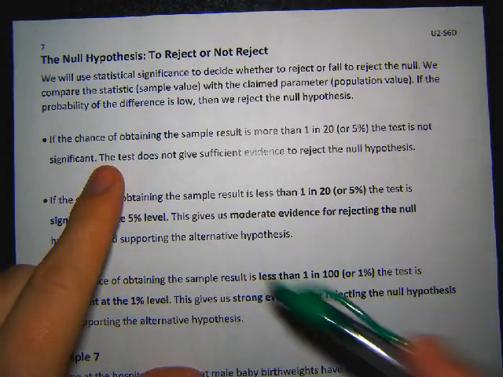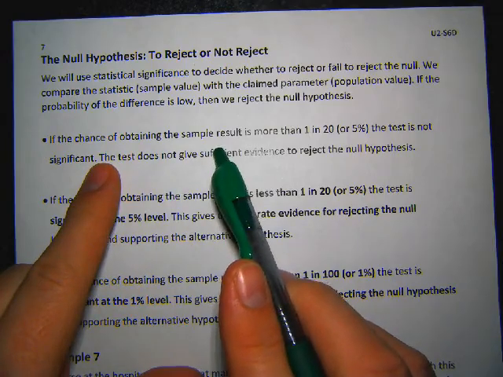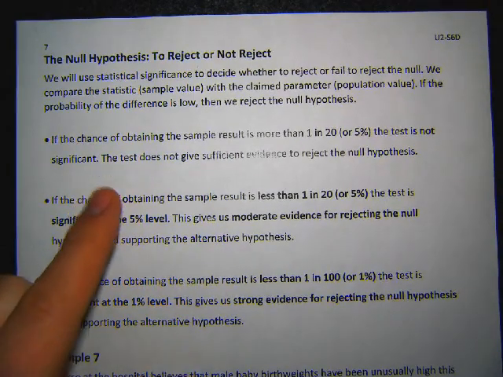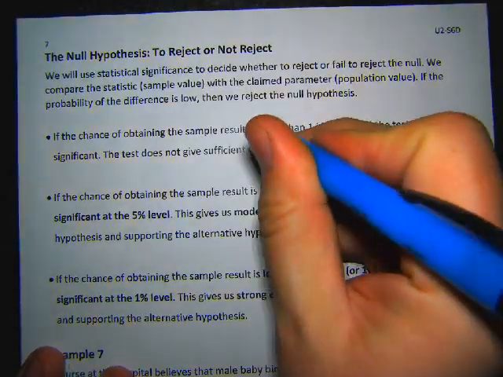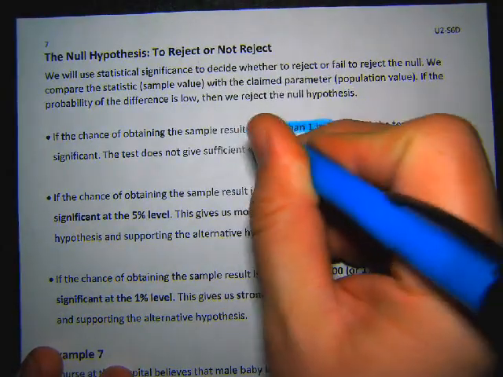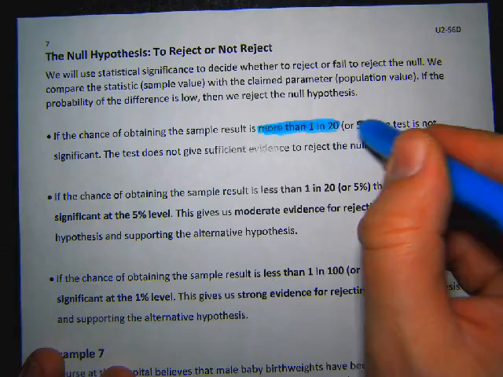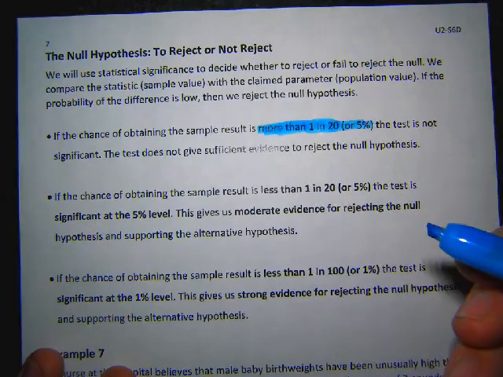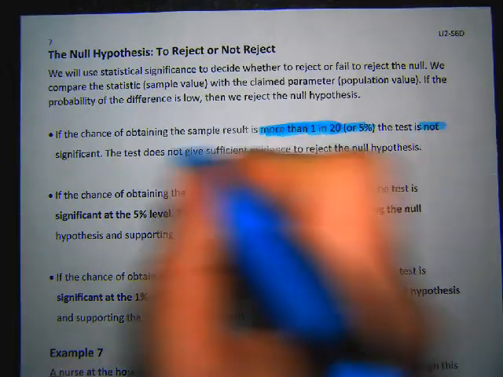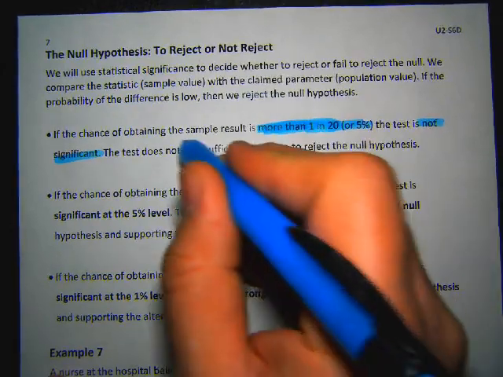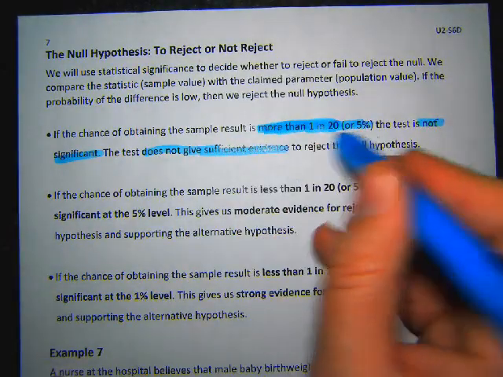So we look at the chance of getting our sample result, and if it's more than 1 in 20, so if it's large, like a 10% chance of getting this, or 20% chance of getting this, anything bigger than 5%, then it's not significant, and it does not give sufficient evidence to reject the null.